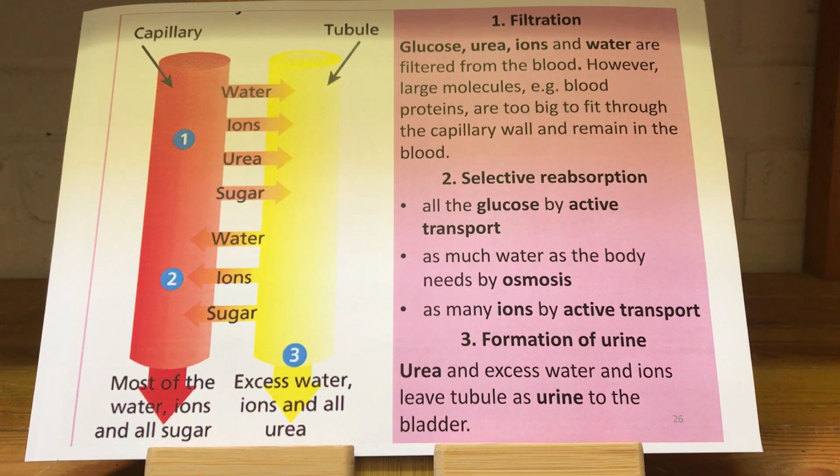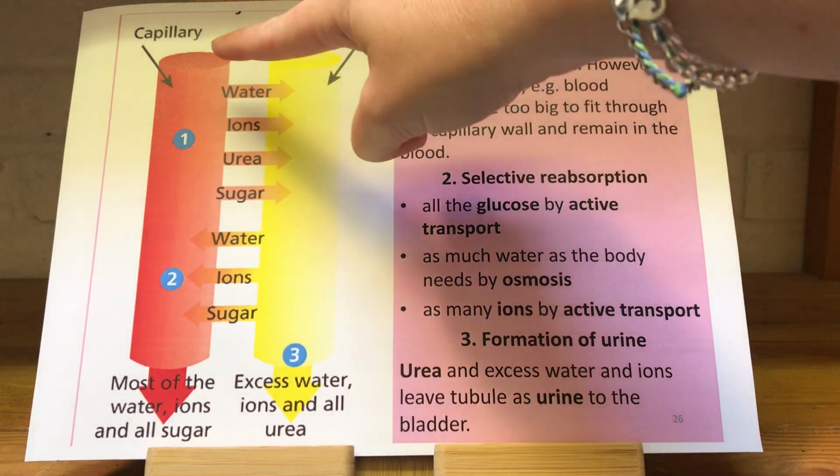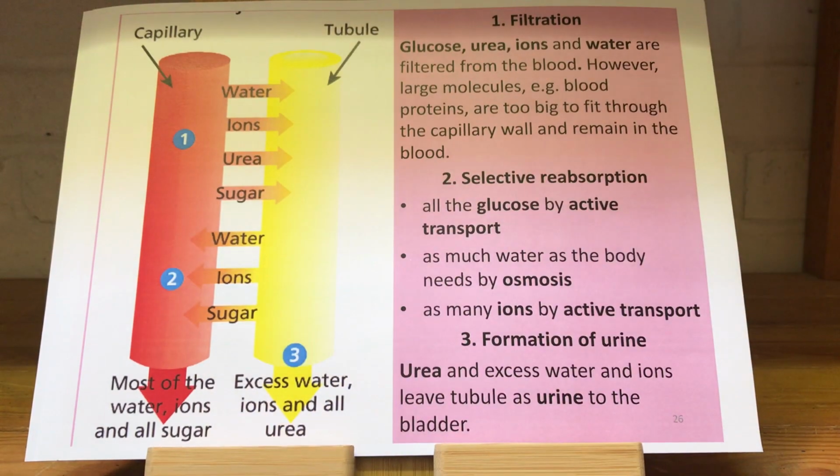So we can see here, we've got this kidney tubule, and there are thousands of these in the kidney. And then we've got a blood capillary coming really close to that tubule. Now, there are three processes. The first one is filtration. Anything that is small and soluble is filtered from the blood into the tubules.